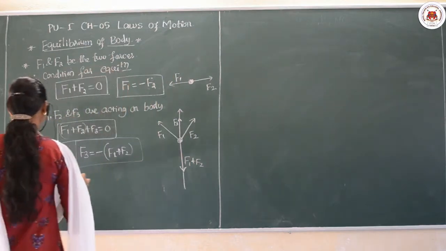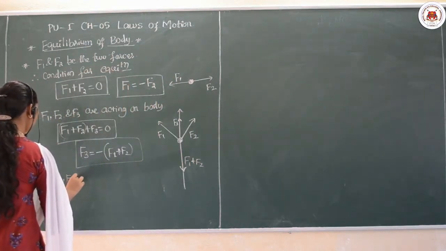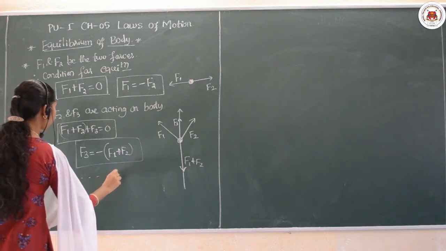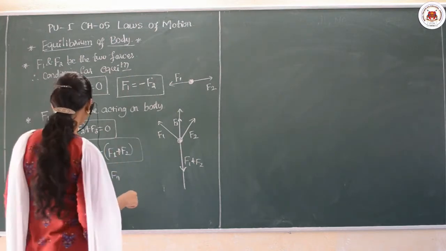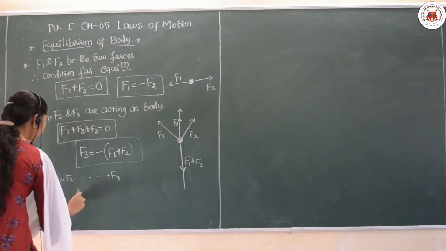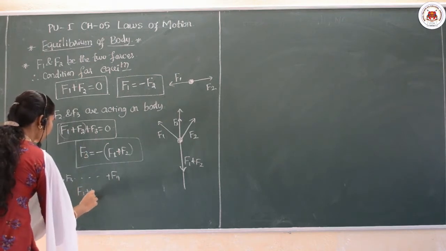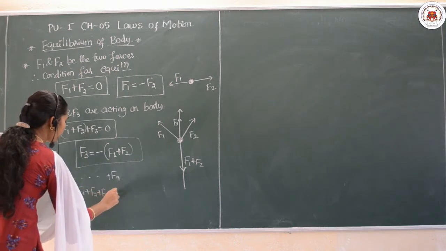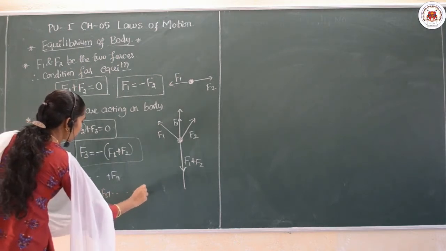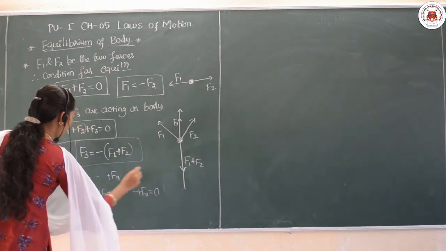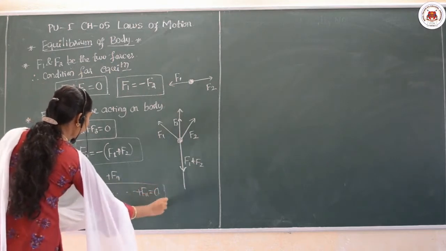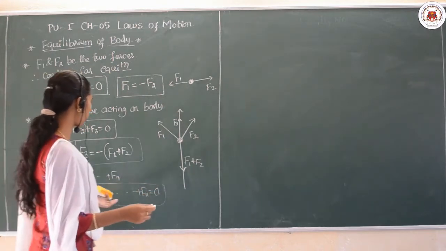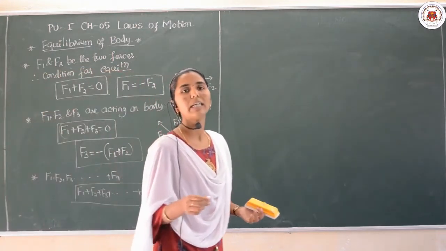Now if n number of forces are acting on the body, then for the equilibrium of the body the condition is F1 plus F2 plus F3 plus so on up to Fn is equal to 0.